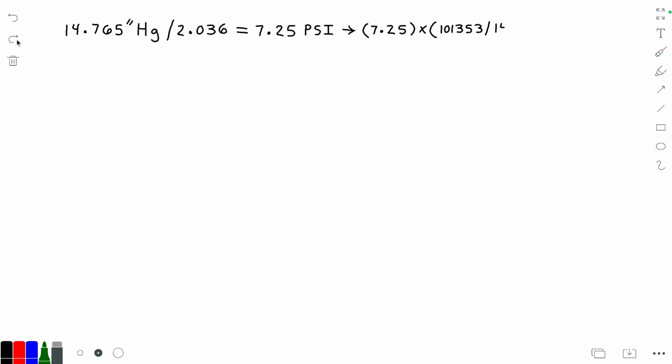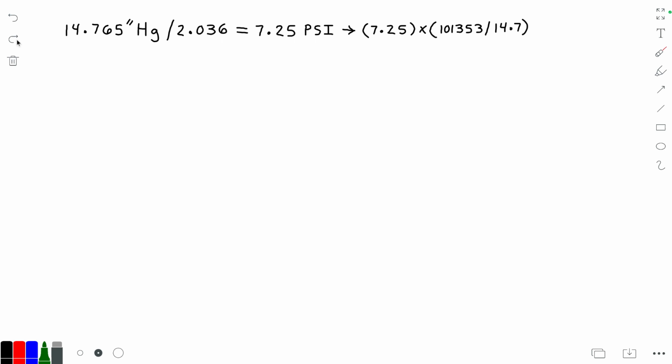So assume that we have a Pitot-Static application on a Boeing 737 and the pitot ram air pressure at 8 kilometers above mean sea level is recorded at 14.765 inches of mercury.